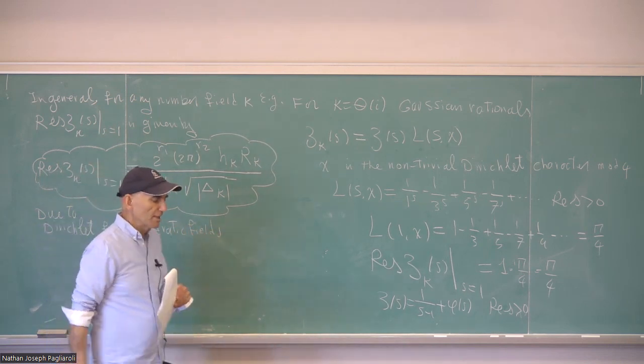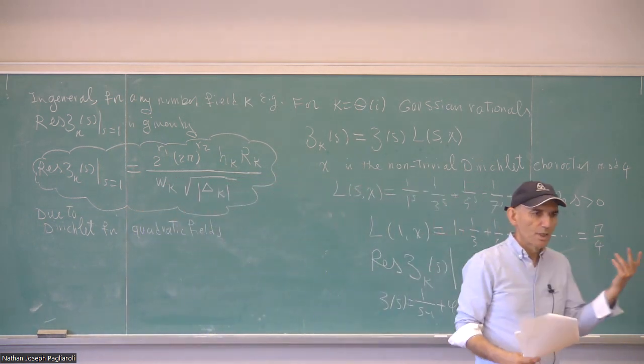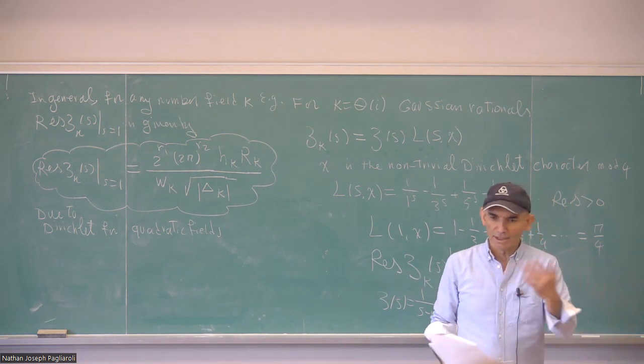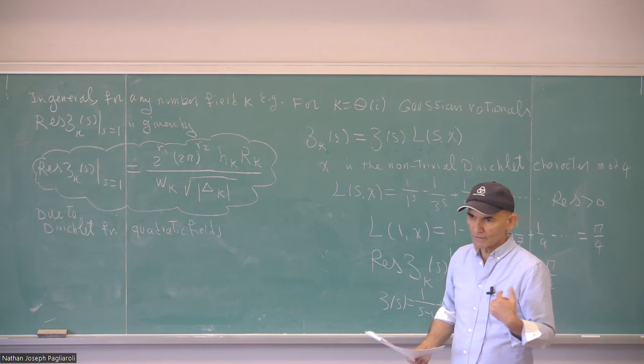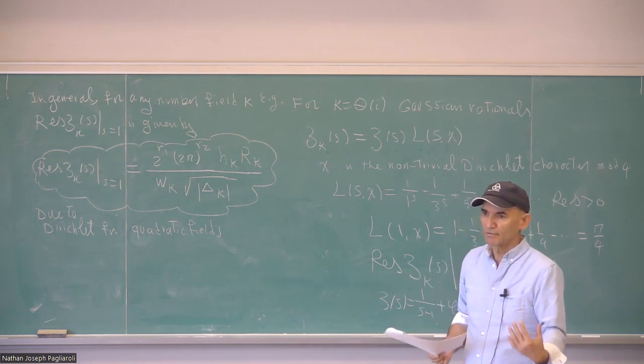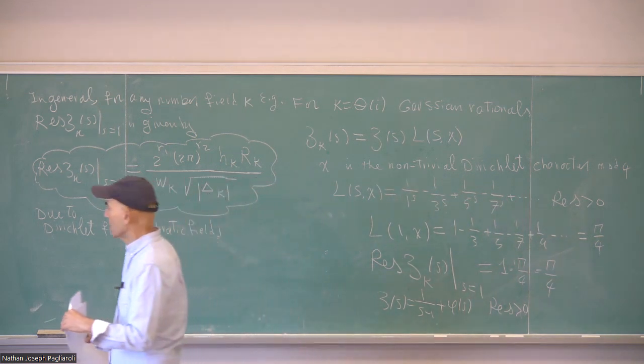I mean, Dirichlet actually never worked with quadratic fields in that sense. He worked with quadratic forms, but there's a language that you can translate between quadratic forms and quadratic fields. He, like Gauss, was concerned with classification of quadratic forms in two variables with integer coefficients, which is a big story.